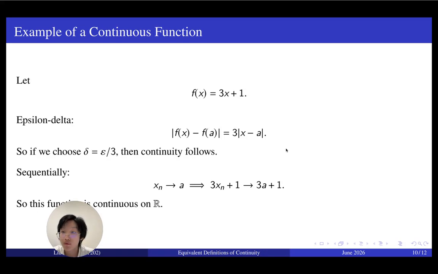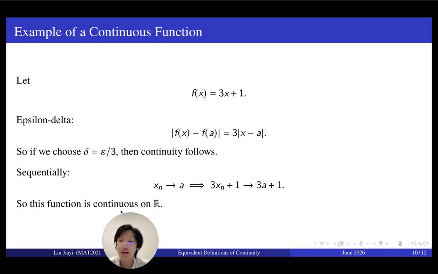So if we choose delta equal to epsilon over 3, then continuity follows immediately. Using the sequential definition, if x sub n converges to a, then 3x sub n plus 1 converges to 3a plus 1. So the function is continuous on the real numbers.